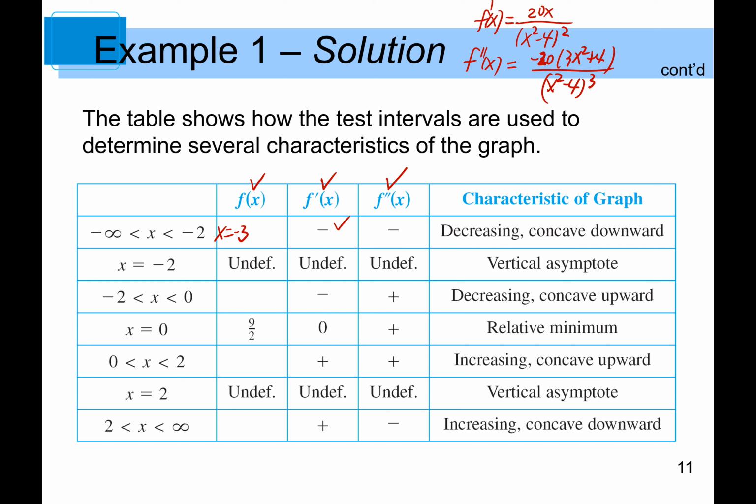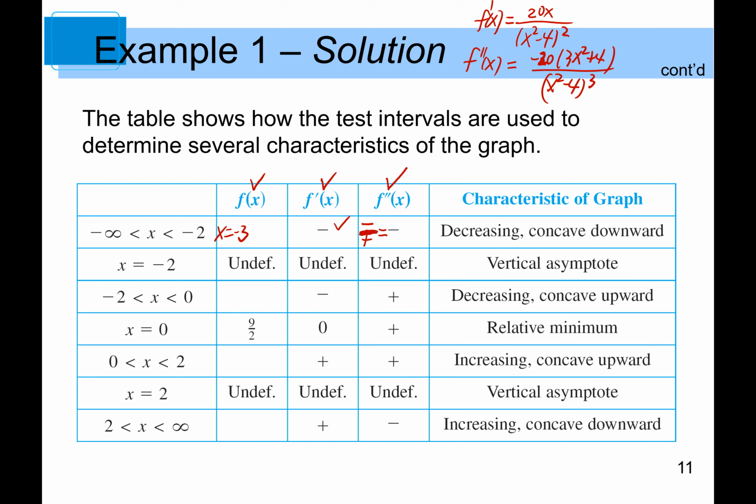And for the second derivative, well, x equals negative 3, and the numerator is negative, and the denominator is positive. This whole thing will be negative. The numerator of the second derivative is always negative, because negative 20 times a non-negative number, 3x squared plus 4, which is always greater than or equal to 4, makes it always negative.